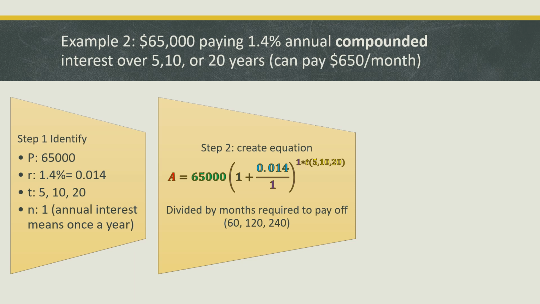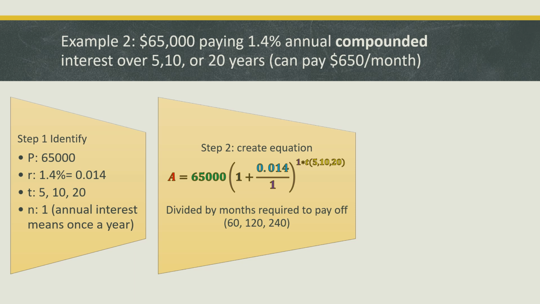After that, in order to figure out how much we're doing each month, we're going to divide our totals by the months required to pay it off. So for our 5-year one, we're going to be dividing it by 60, our 10-year is going to be 120, and our 20-year is going to be 240. That's in order to figure out our payment per month to pay everything off on time.